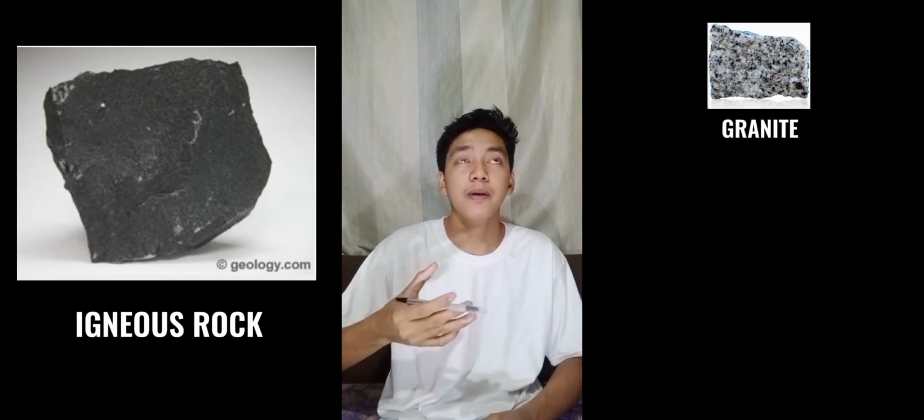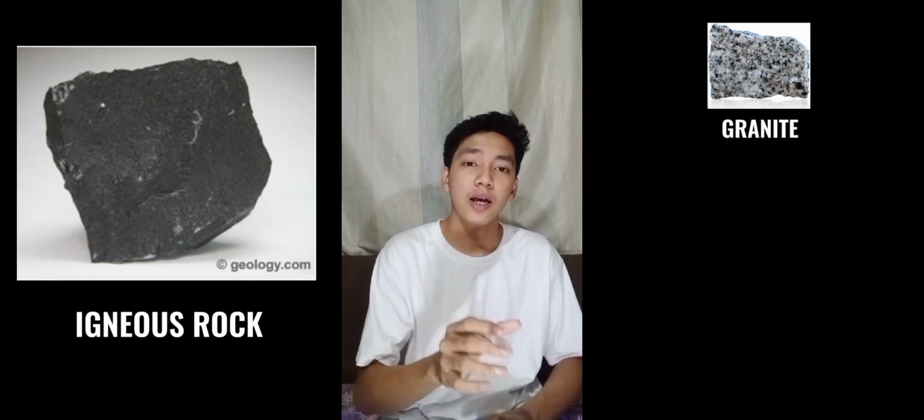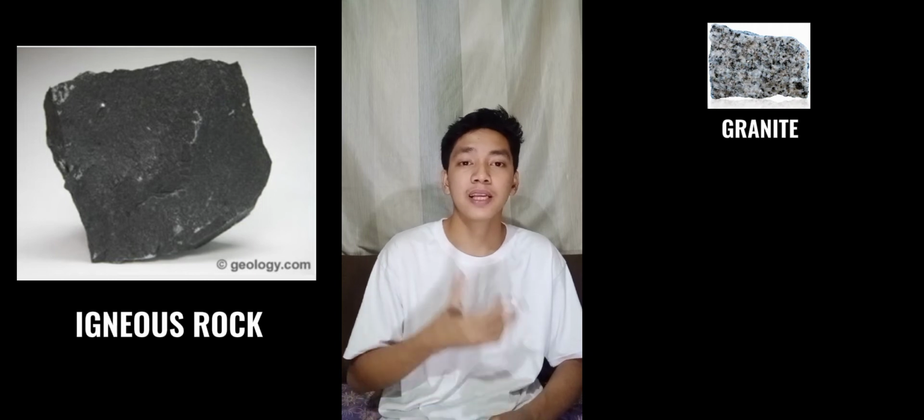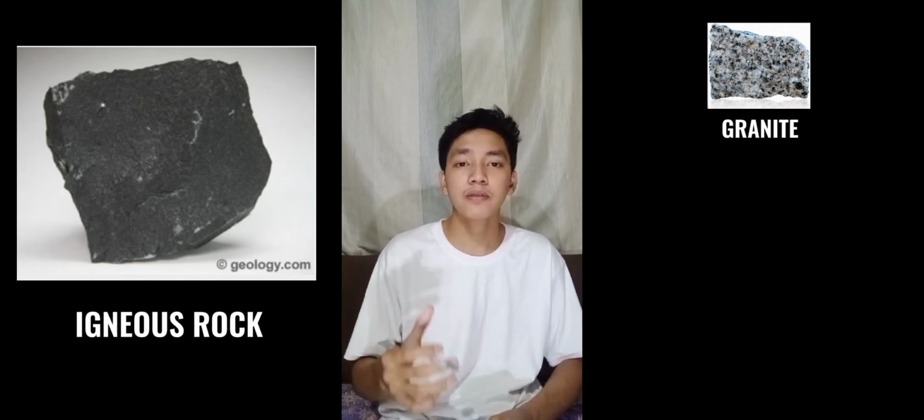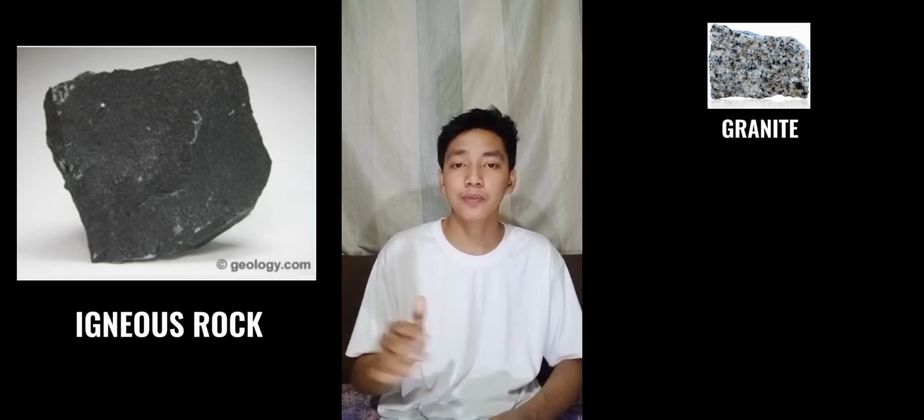Igneous rocks have various examples and uses, for example granite. It is a hard igneous rock made up of clearly visible crystals of various minerals. Granites are used for buildings and houses, especially in the kitchen and bathroom.